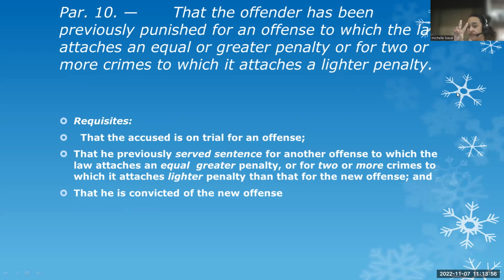So there are two offenses or three offenses that he previously served sentence. So tapos na hiya. Nakalaya na hiya for another offense to which the law attaches an equal or greater penalty, or two or more crimes to which it attaches lighter penalty than that for the new offense. Okay, and that he is convicted of the new offense.